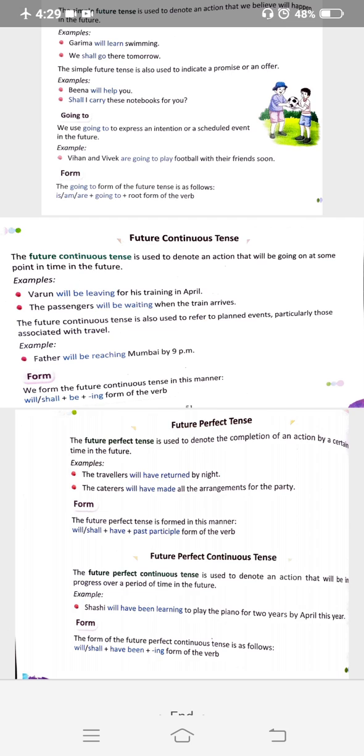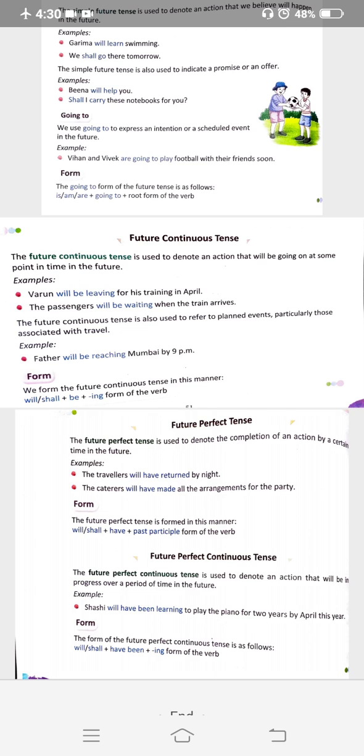The caterers will have made all the arrangements for the party. You can see here will have returned, will have made: we use will/shall plus have plus the third form. This is the form to make your future perfect tense.